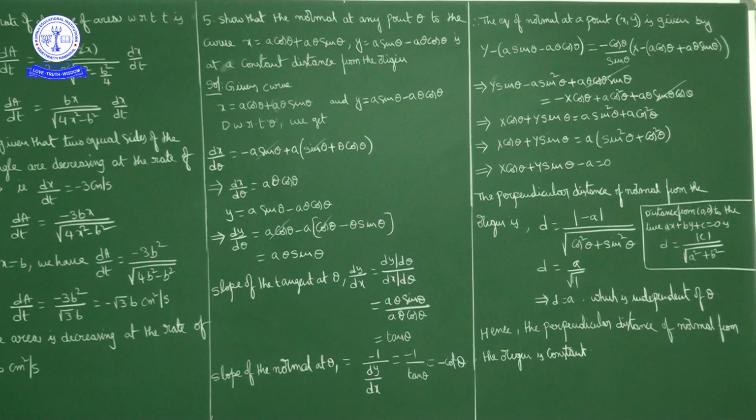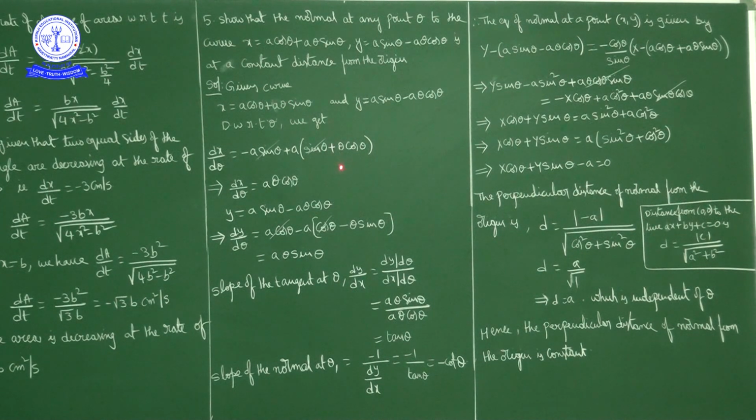Here we use the product rule, uv formula: u into v dash plus v into u dash. So sin theta as it is, theta derivative with respect to theta is 1.